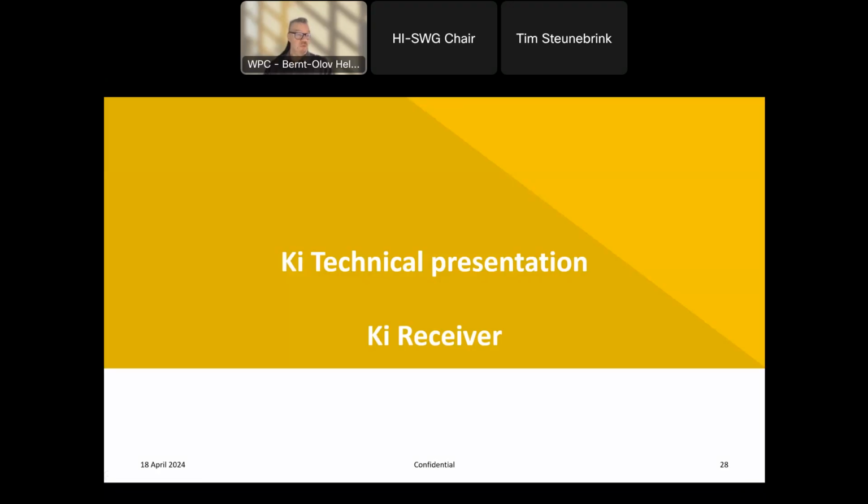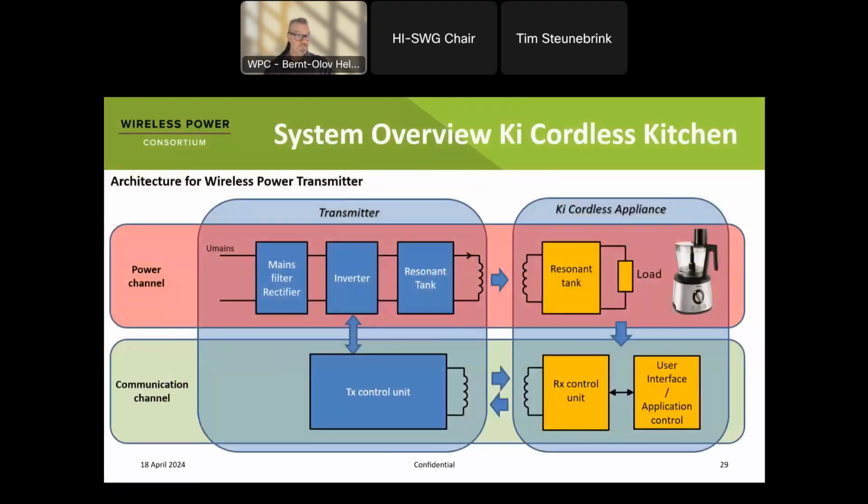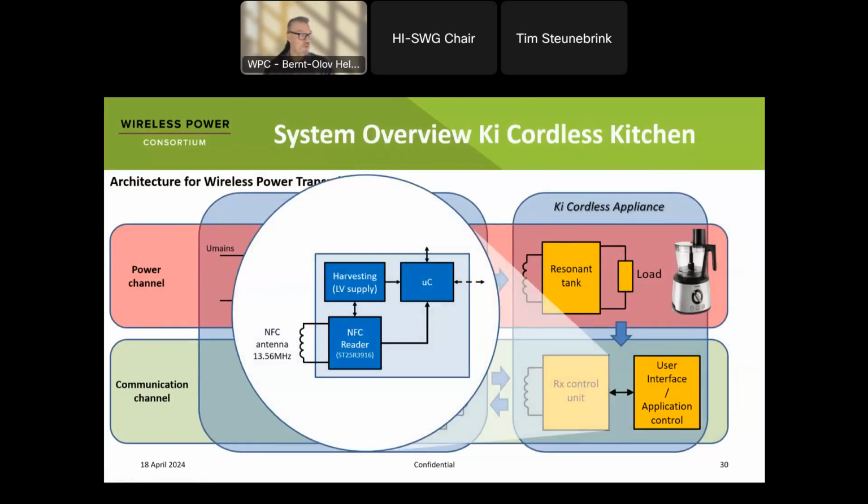I'm now moving to the receiver. To recap on the system at large, on the right side, there is a controller unit. This is the one doing the master control when it's powered up. We also have a resonant tag for the power, and also some other additional blocks inside the RF control unit.